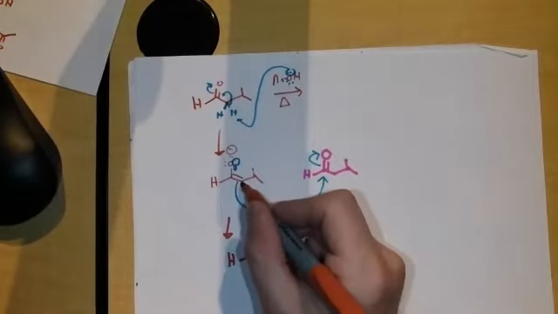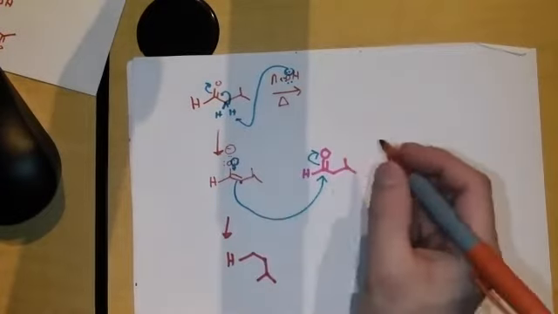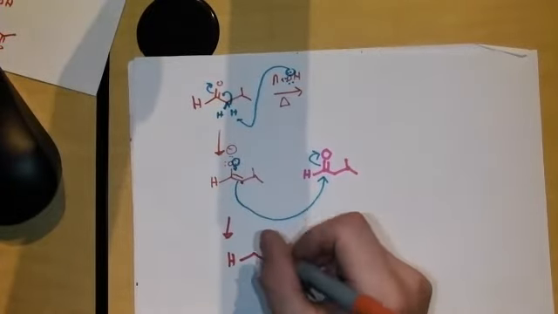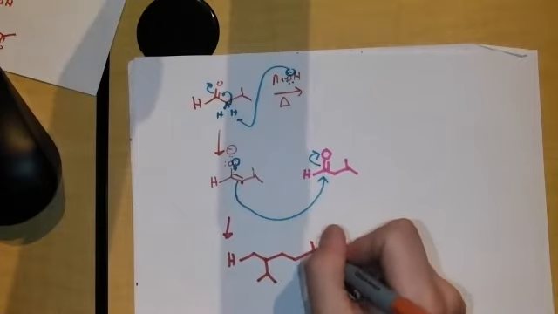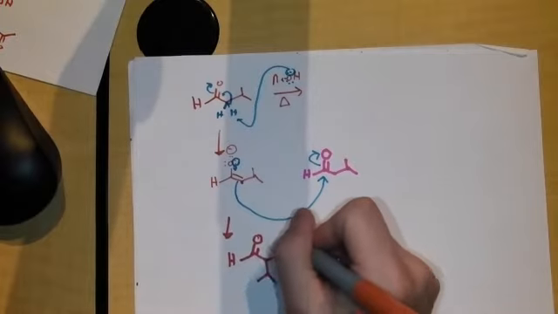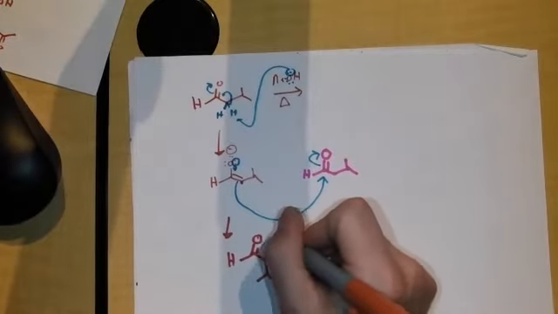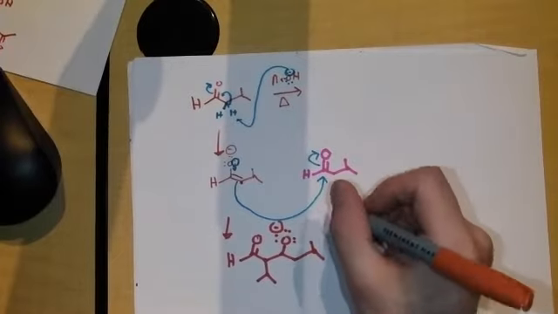Form a bond between the carbon at the end of our double bond and our carbonyl, so it should look like this. We can pick up a proton from that water.